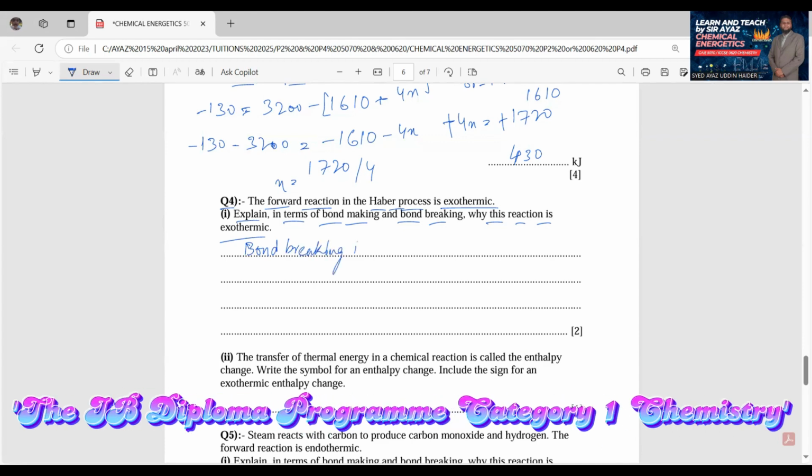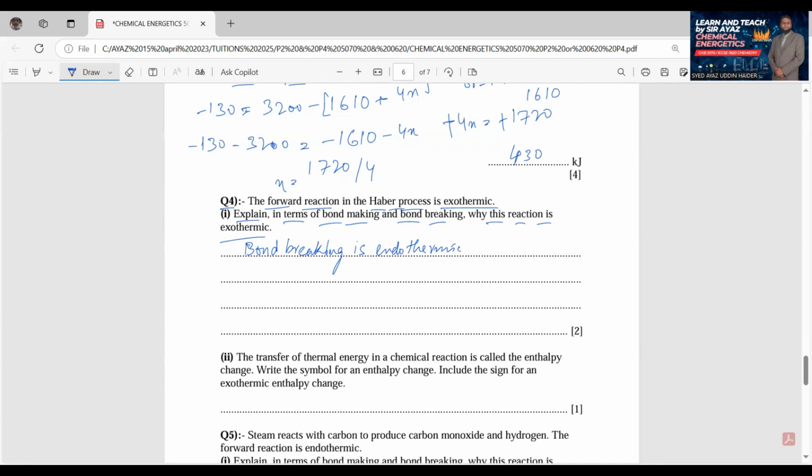Bond breaking is endothermic. Or you can even write bond breaking needs energy.